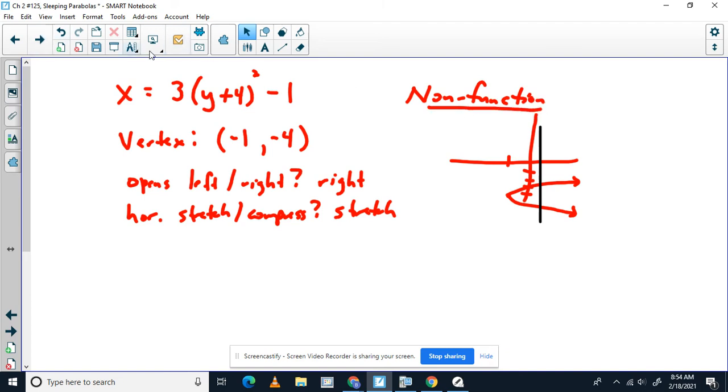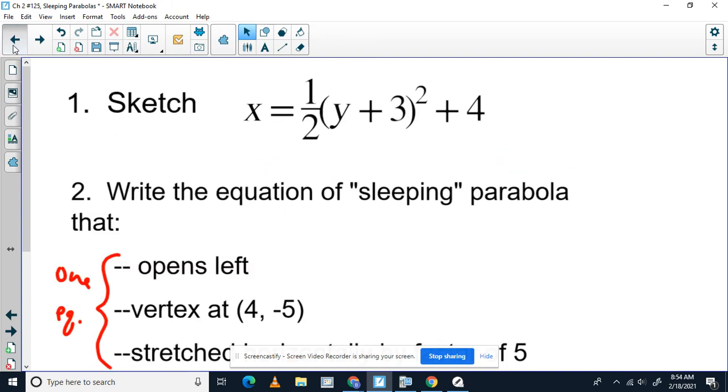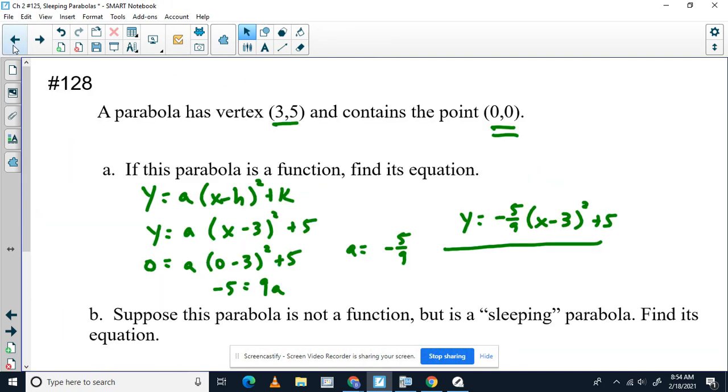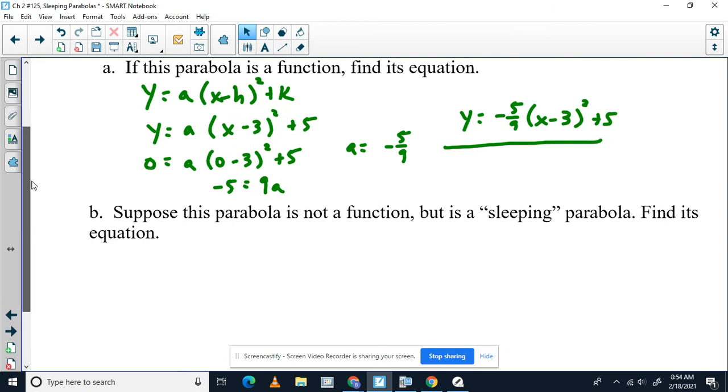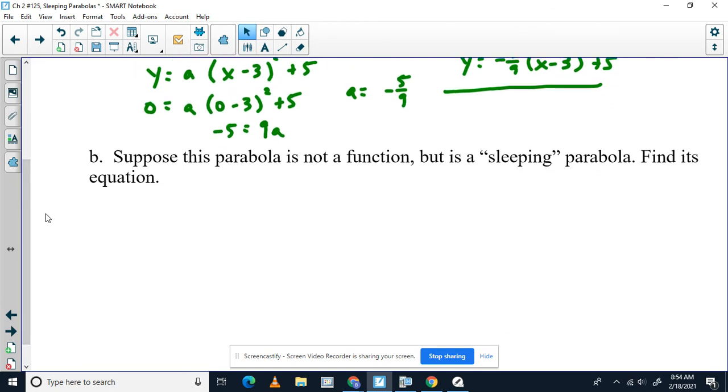So if I were to go back to that problem from the homework, where it says, suppose this parabola is not a function, but it's a sleeping parabola, that means I'm really trying to fit it into this equation. Now, instead of a, I'm going to use b, because we're not stretching up and down, or stretching side to side. It's not y equals a times x minus h squared, it's now x equals b times y minus k squared plus h.